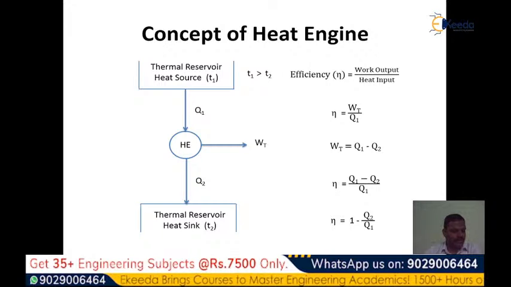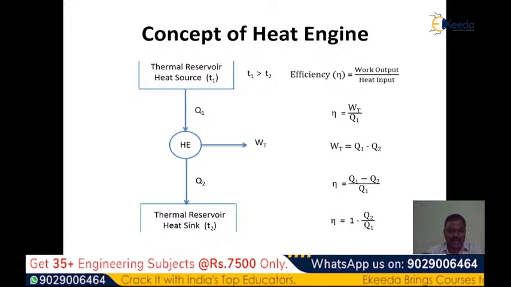You will study the condenser in detail in your vapor power cycles, that is the last chapter in thermodynamics. The purpose of the condenser is to convert the working substance, that is water, from the vapor phase, which means the gaseous phase, to the liquid phase.